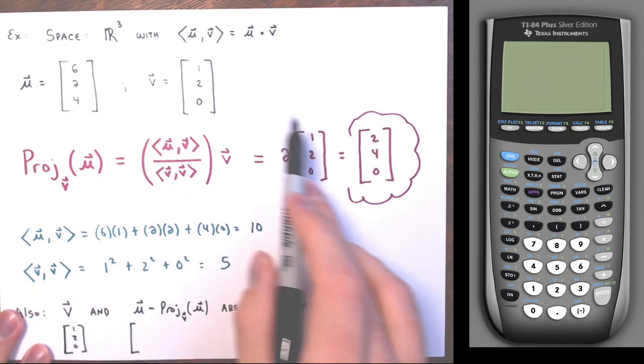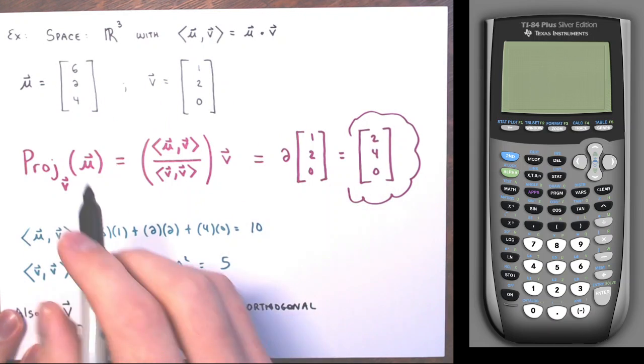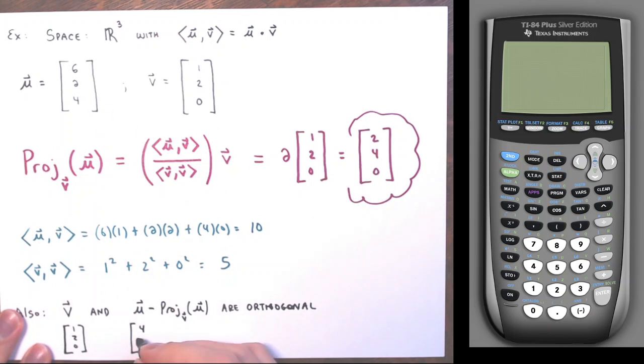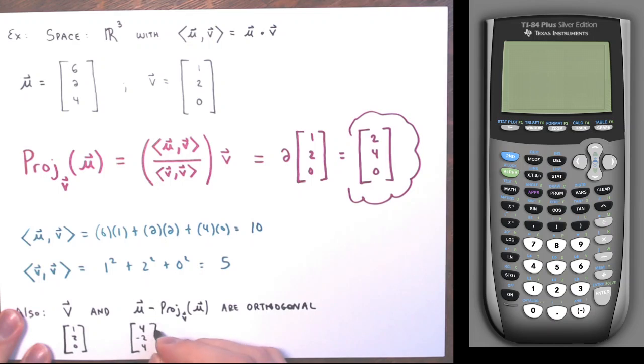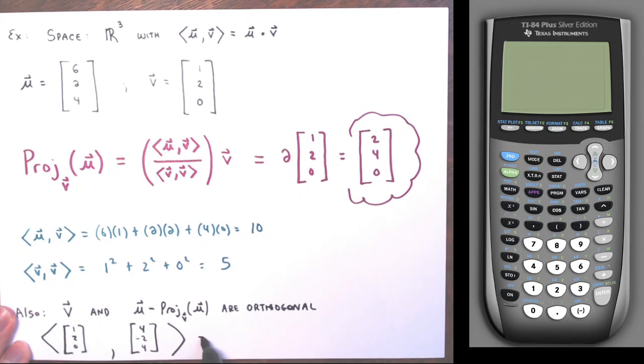So 6 minus 2, 4 for the first component, 2 minus 4, negative 2 for the second component, and then 4 minus 0, 4 for the third component. There's U. And now let's take the inner product of these two vectors and see that it's 0. And can you see that it's 0? Right? You'd have 4 minus 4 plus 0. That's 0. They are indeed orthogonal, and this will always happen with these projections.